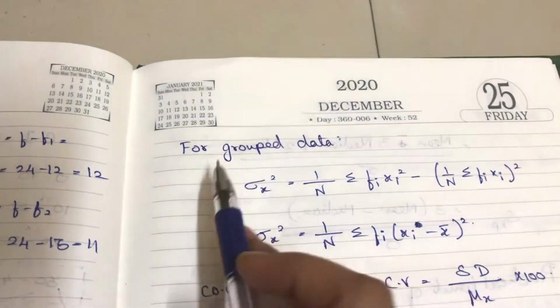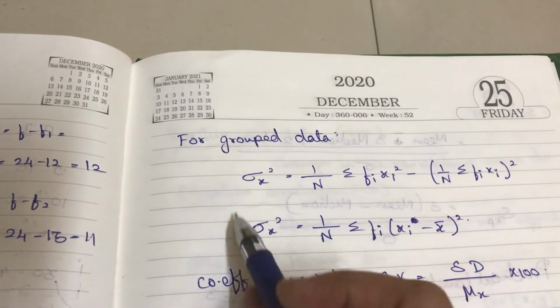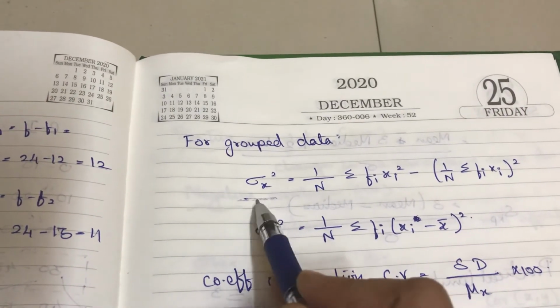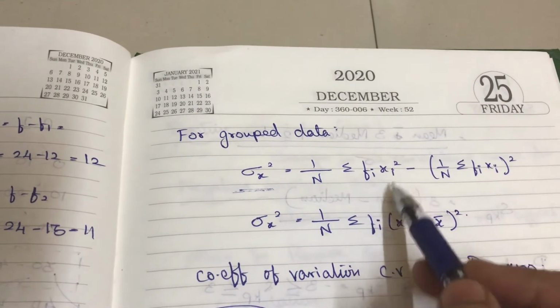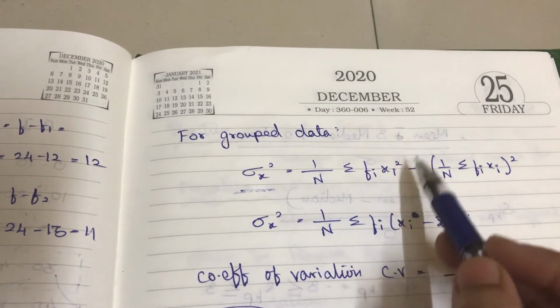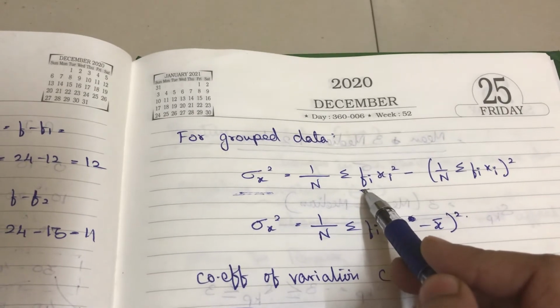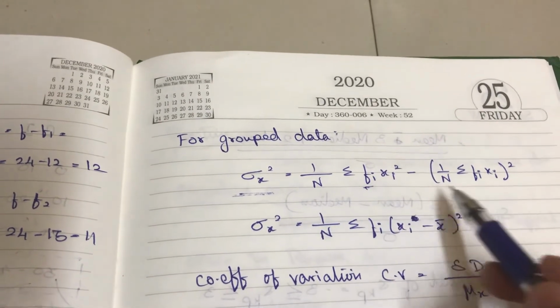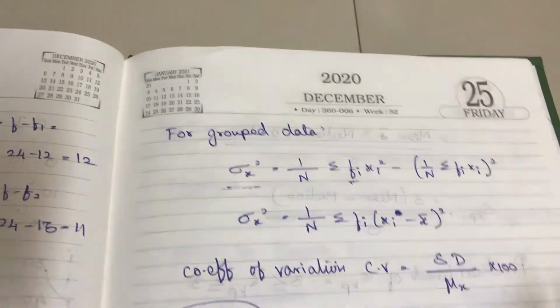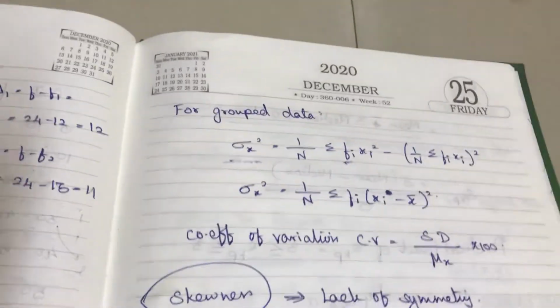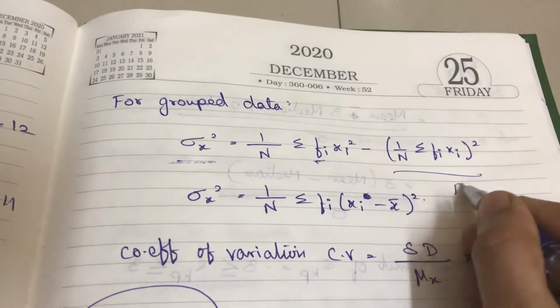Okay. From grouped data, we can write this variance as 1 by capital N summation of f, the function, into xi square minus, because we have frequency, right? So frequency into xi square minus 1 by n into summation of the mean. So this is the mean value, E of x.